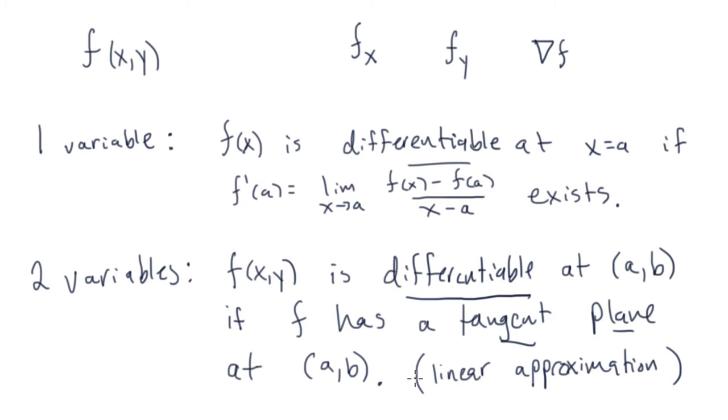And in two variables, that's going to be a plane. And again, this idea will generalize to more variables other than two. But if you can understand it in two variables, then you're on your way to understanding the idea of differentiability.